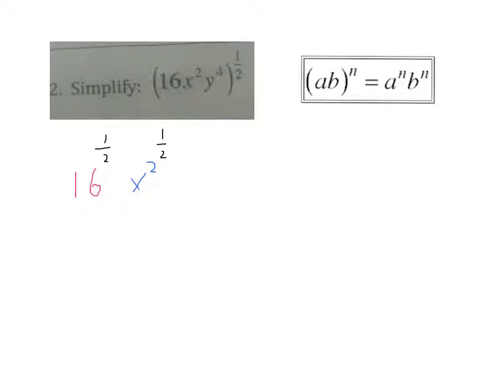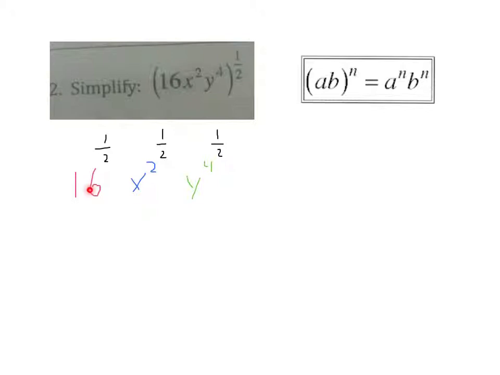And then finally, we have y to the fourth, which is also going to be raised to the 1/2 power. So these two are a little bit more confusing because they're a power raised to another power. Let's start with this.